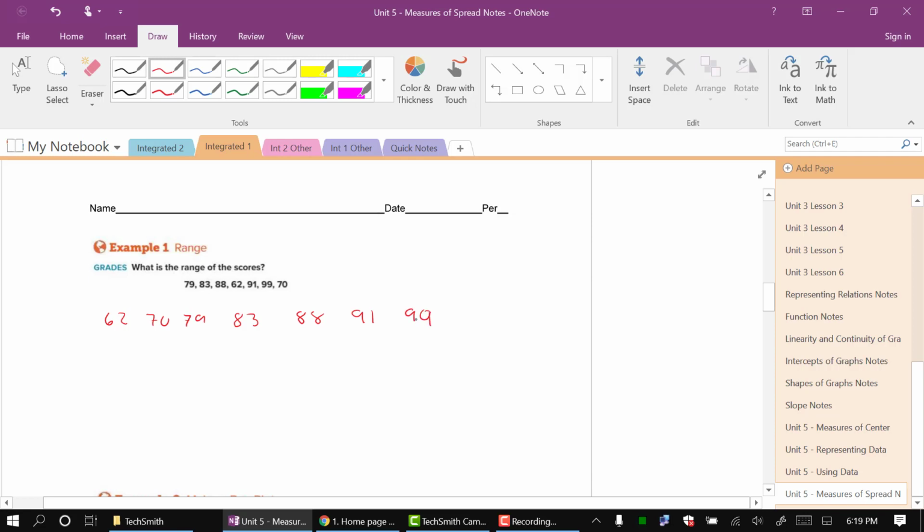Now we're going to subtract the smallest number from the biggest number. So 99 minus 62 is 37. So this is the range of this data set. The range of this data set is 37.